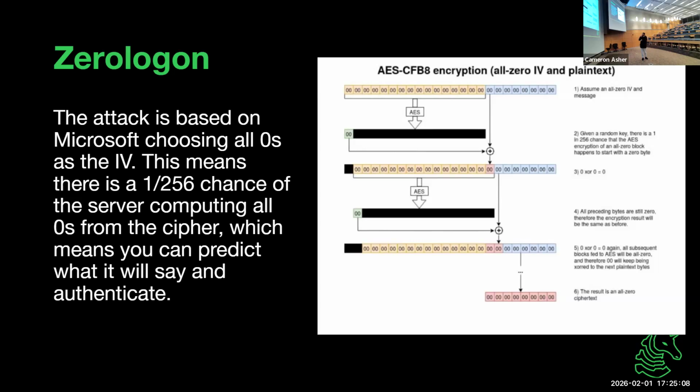So if you just tell it that the password you're supposed to send is all zeros, and you repeat this 256 times, or at least until the 1/256 chance happens, then you're going to authenticate, and then you can do whatever. But yeah, that's essentially it.